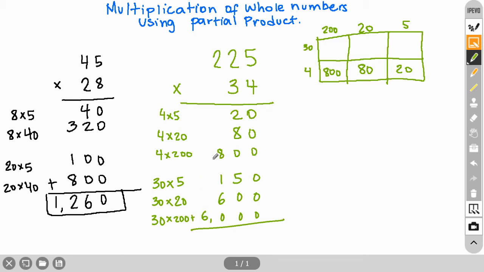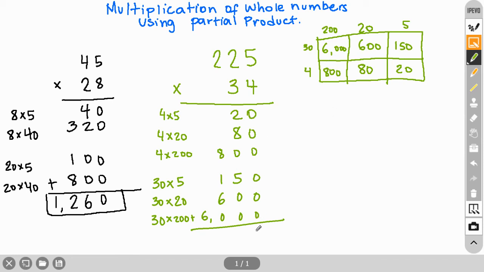Let me actually fill in the boxes. So 30 times 5 equals 150. Then 30 times 20 equals 600. And 30 times 200 equals 6,000. All right, so let's add all of it. See, I have 1, 2, 3, 4, 5, 6 partial products and 6 partial products here.